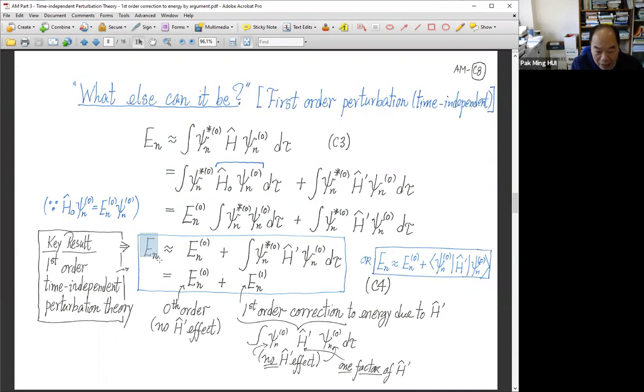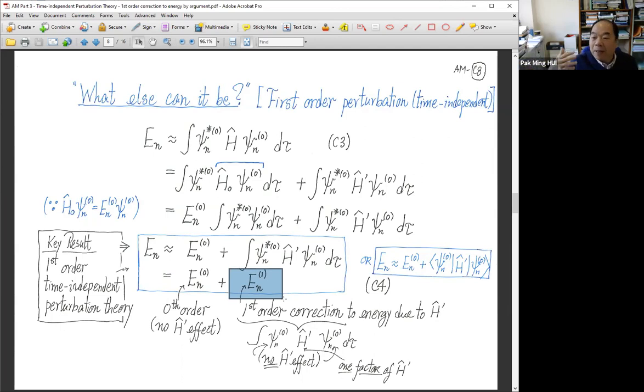We want the nth eigenvalue. As said, it should be the nth eigenvalue of the known problem plus some corrections. At this point, we have found the first correction term. There may be other terms, second order in H prime, third order in H prime, and so on.